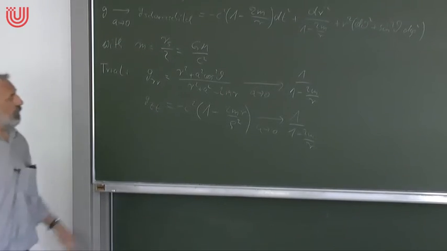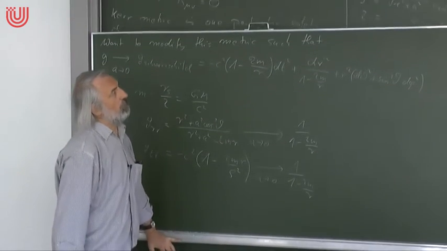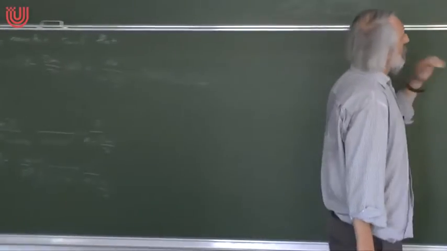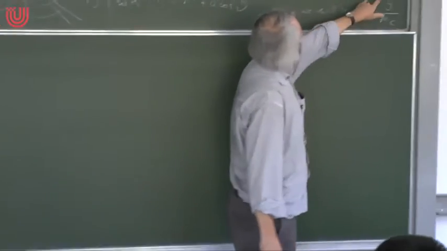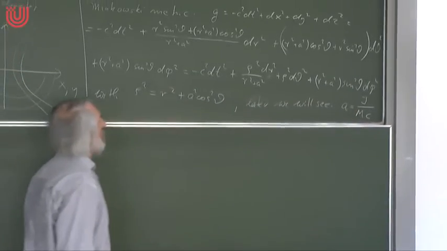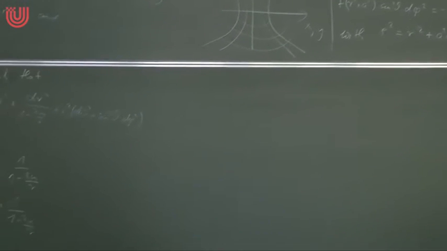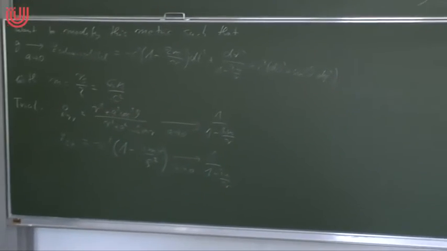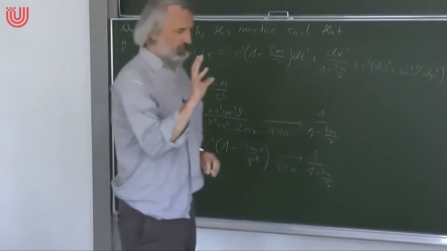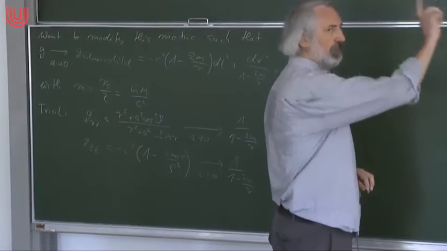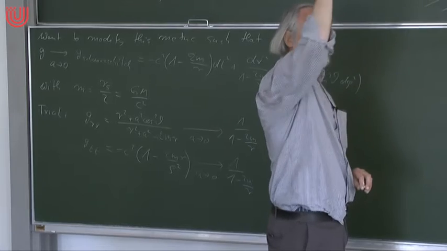Then the question is, what do we do with the other metric coefficients? What do we do with the d theta squared term, with the d phi squared term, and do we have to introduce additional terms? Well, certainly we would have to introduce a cross term, a term dt d phi. Why? Because we want to describe a rotating object. If you have a rotating object, then the t lines would twist around the object.